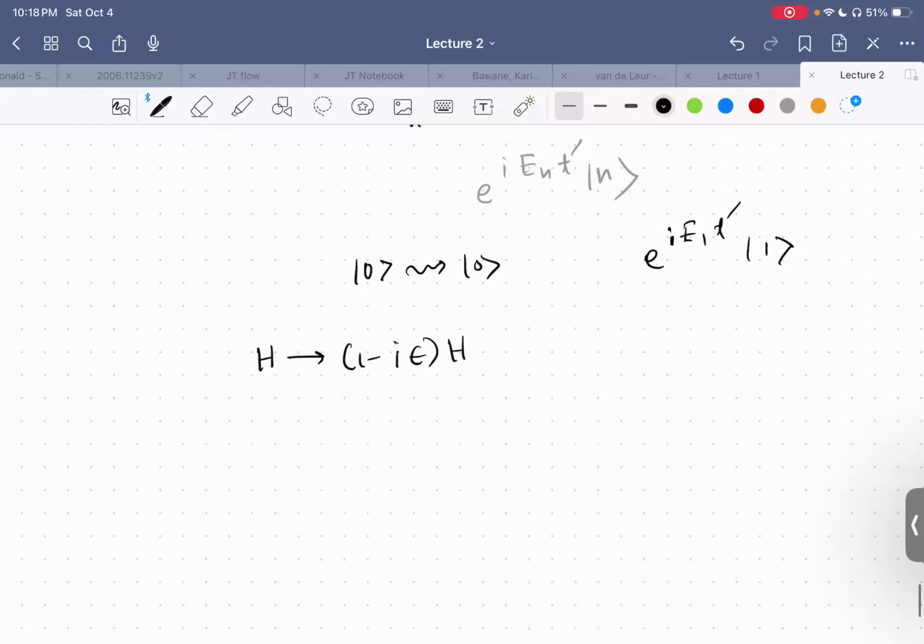With this replacement, this becomes e to the power I times 1 minus I epsilon En.